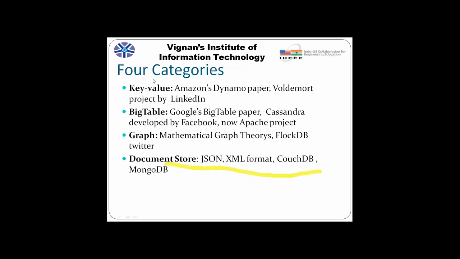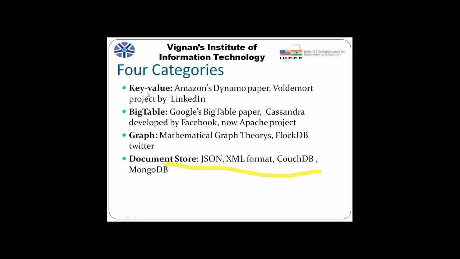There are 4 categories. What are the 4 important categories? The key value pair based database is one, big table is one, graph is one, and document store is one. With concern to key value, products like Amazon's Dynamo paper and LinkedIn's are all managed by key value.